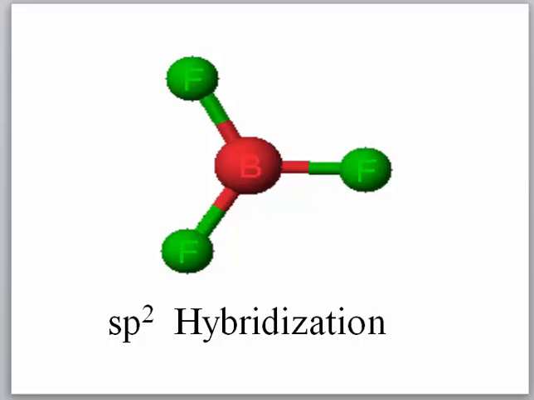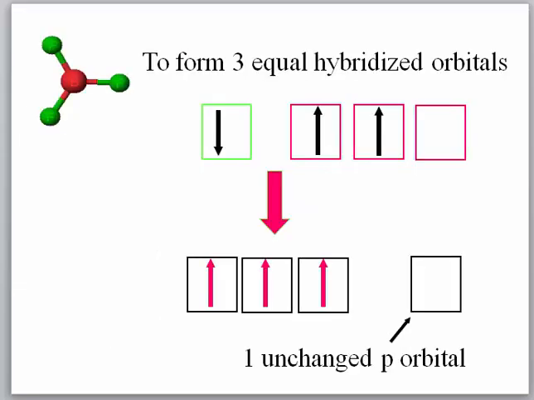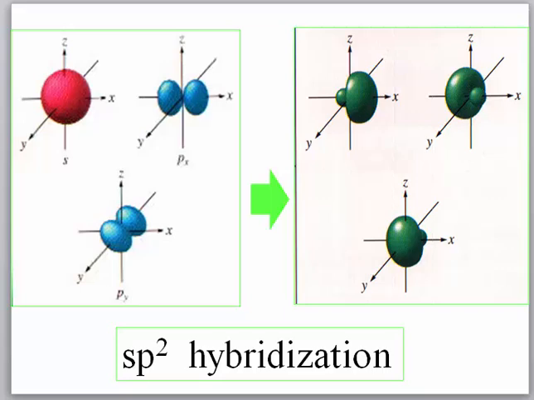sp2 hybridization, unless you're boron and break the octet rule, you're going to have multiple bonds. So now you're going to blend your S with 2 of your P's, hence sp2. That gives you 3 equal hybridized orbitals and 1 unhybridized or unchanged p orbital.